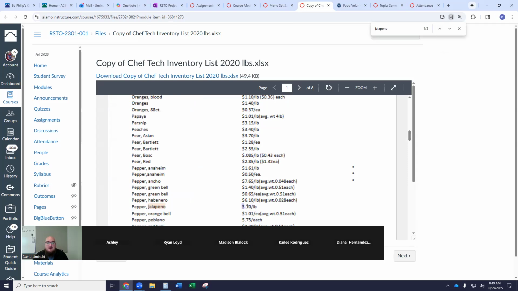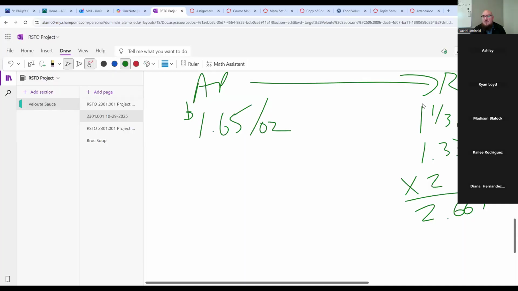So 70 cents per pound. So 2.667 ounces. And then we'd multiply that by the 165 because it's already in the cost per ounce. 165 is the cost for 1 ounce.